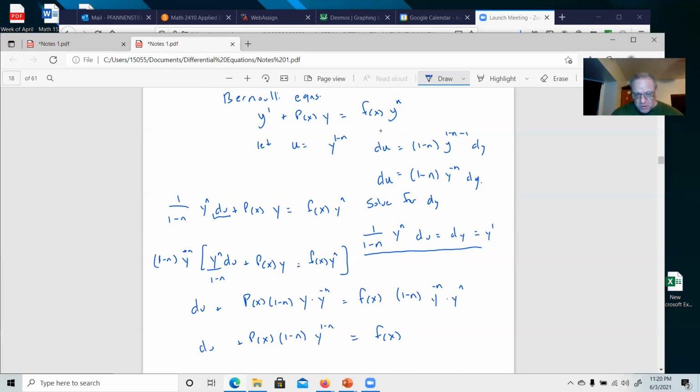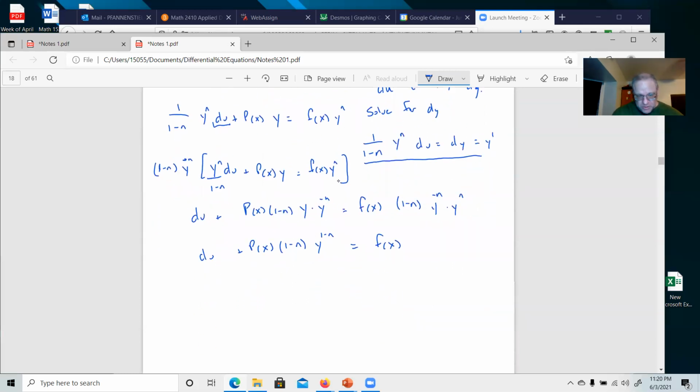Do you remember what 1 minus y to the 1 minus n was equal to? It was equal to u. So we have du. I'm going to just call this p1 of x. I'm going to fold this 1 minus n into here. And then we have u, and that is equal to some function of x.